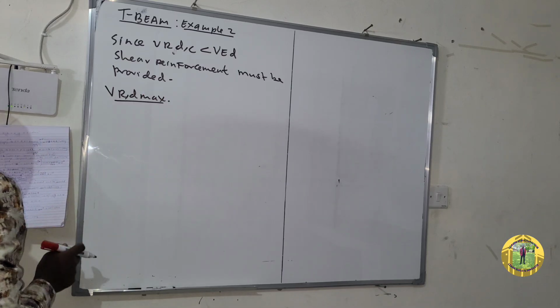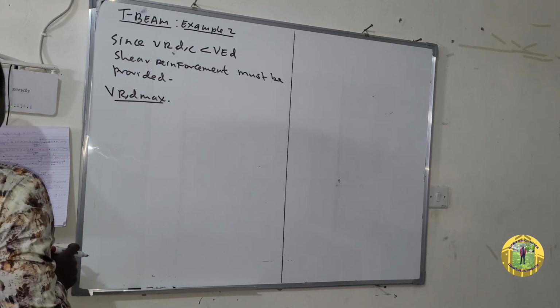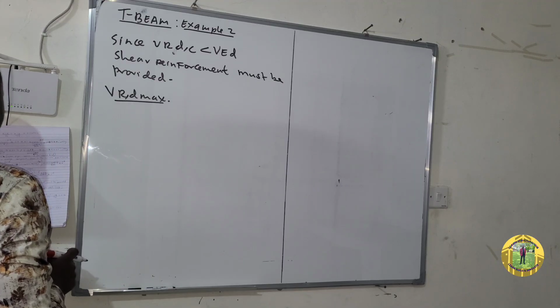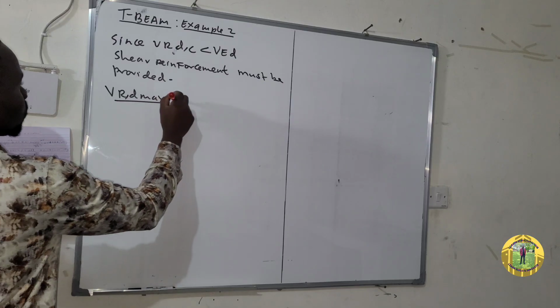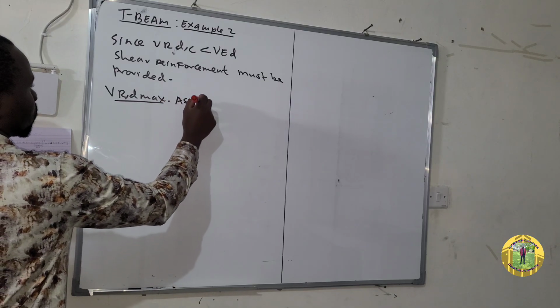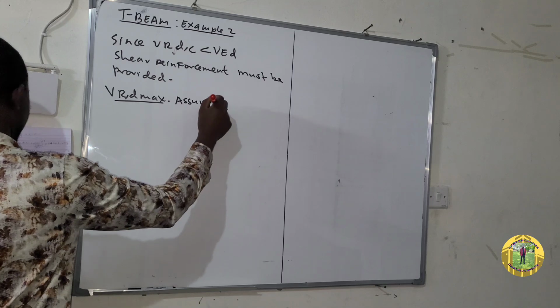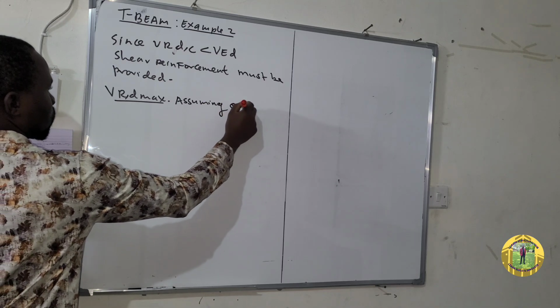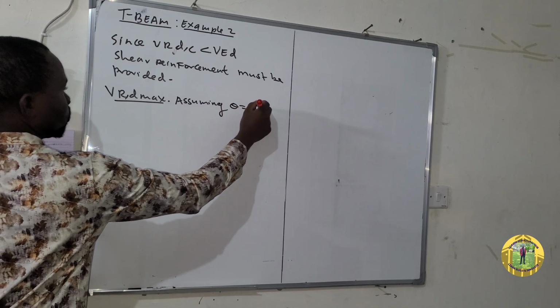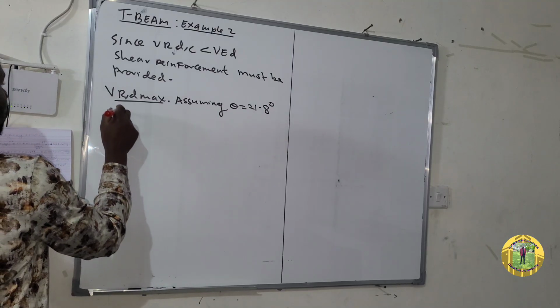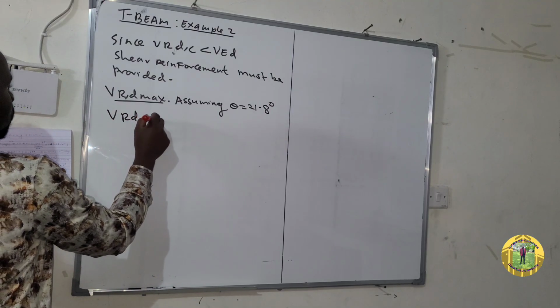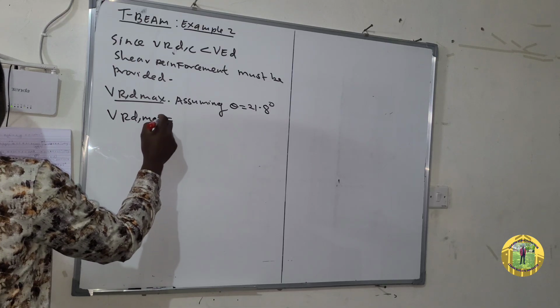This is the check of compression capacity of compression strut, which is VRD max, assuming theta of 21.8 degrees. So VRD max is given by this formula.